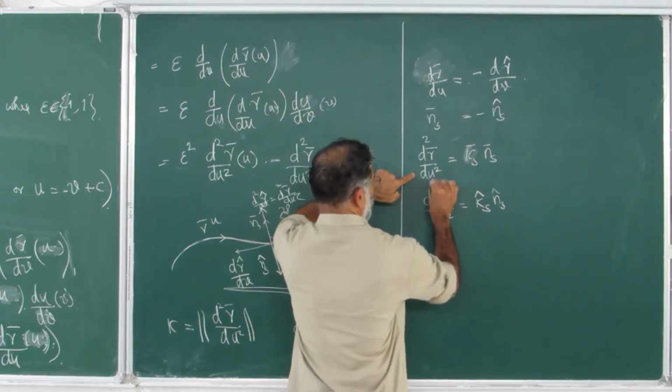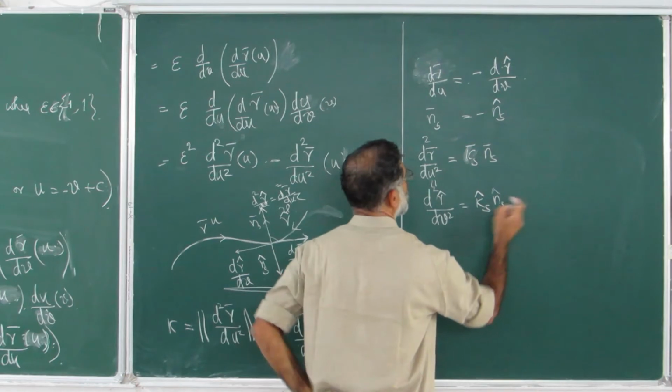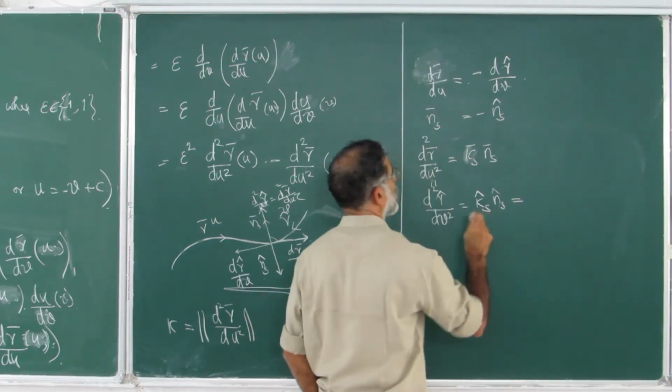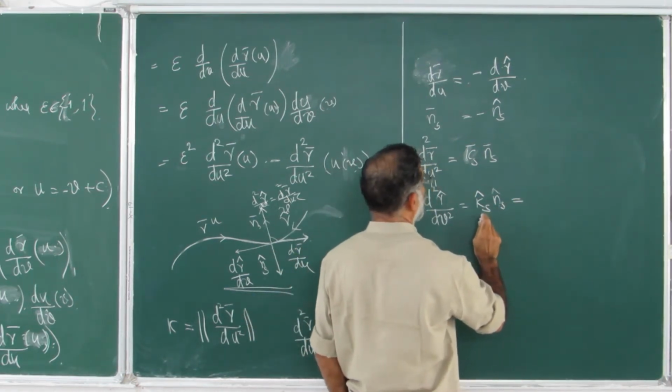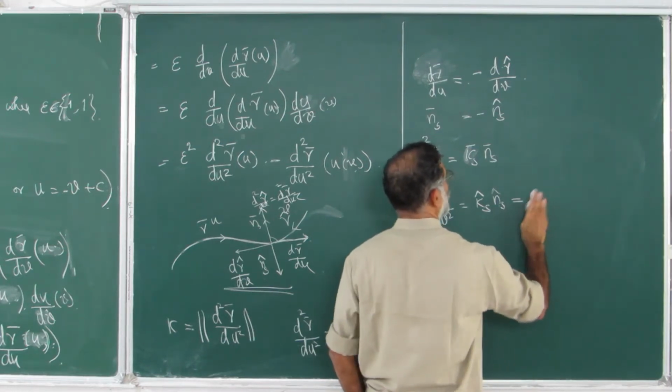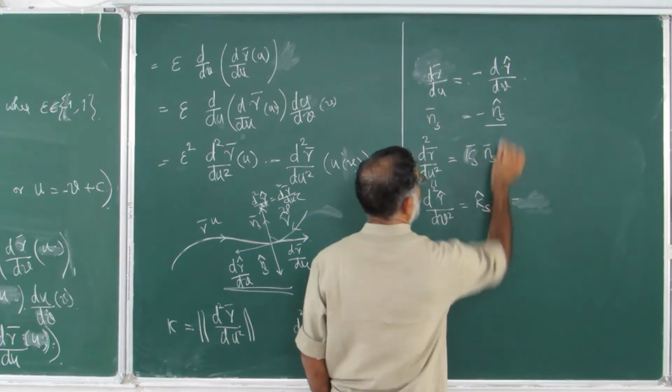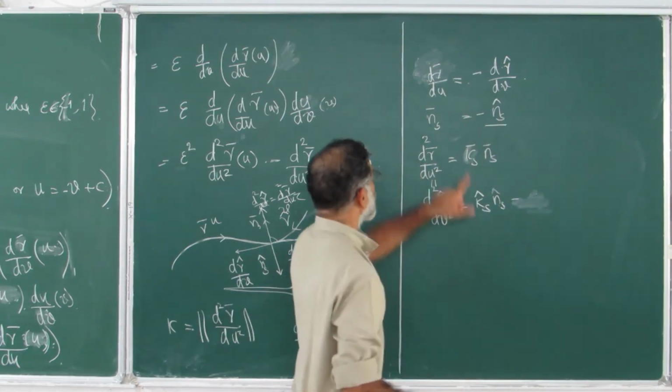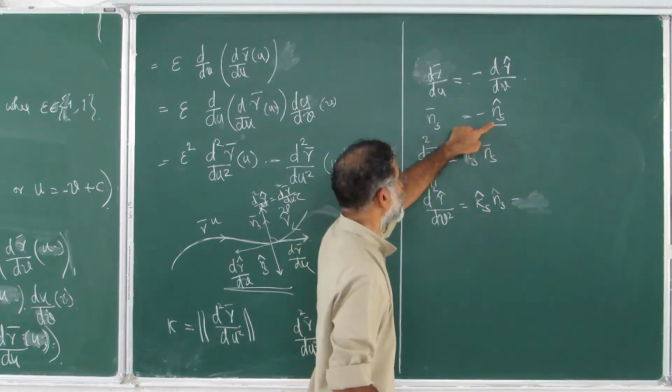Now you see that these two are equal, whereas ns bar is minus of ns cap.